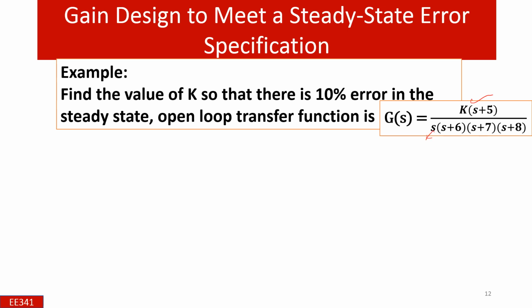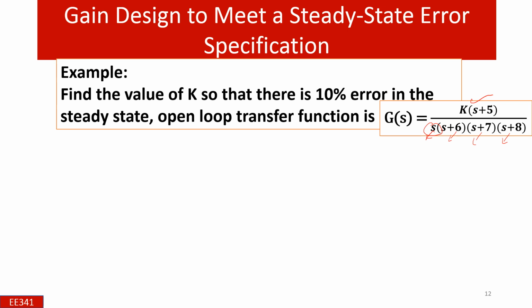One is at the origin, another at -6, the next at -7, and the fourth at -8. So with one pole at the origin, it is a type 1 system, and the corresponding error has a fixed value, so the system is stable.